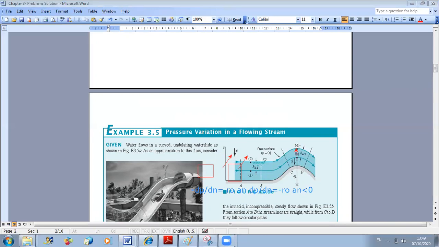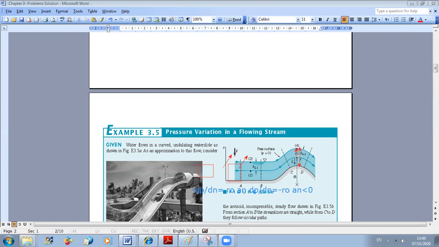But with normal acceleration, when you have a curvature, your pressure decreases in the direction of un and increases in the direction opposite to un.